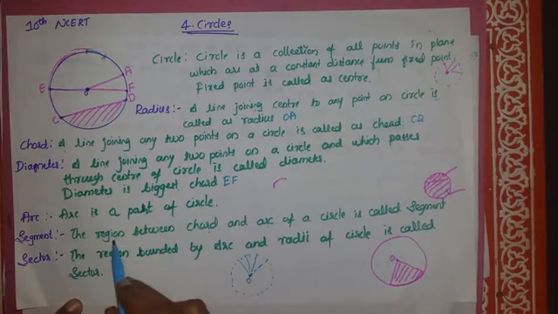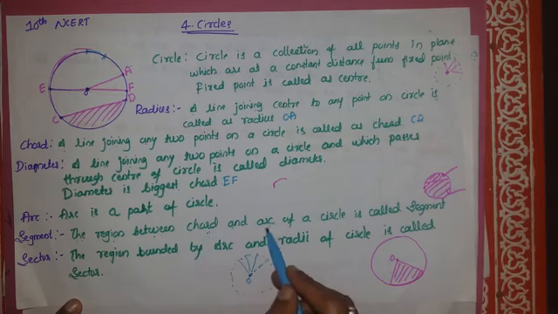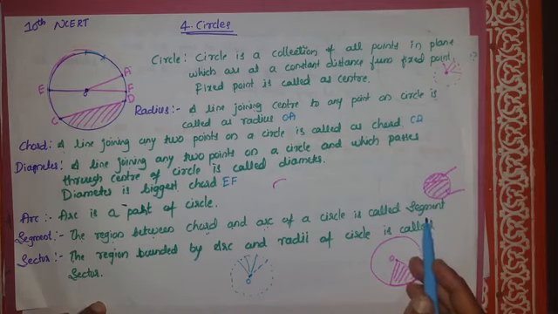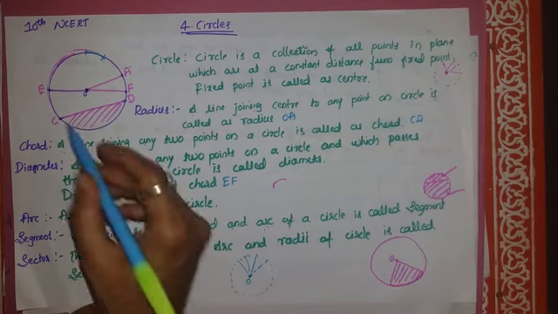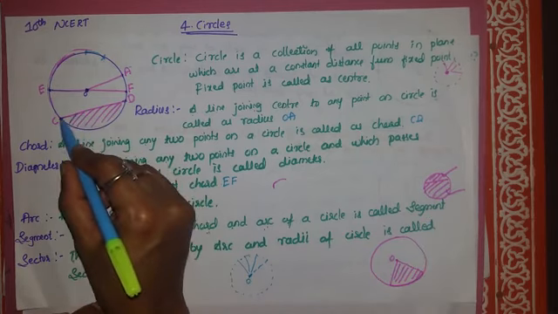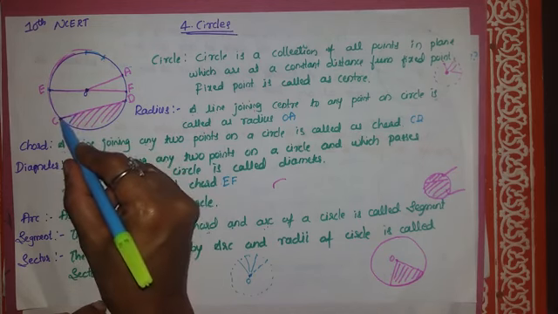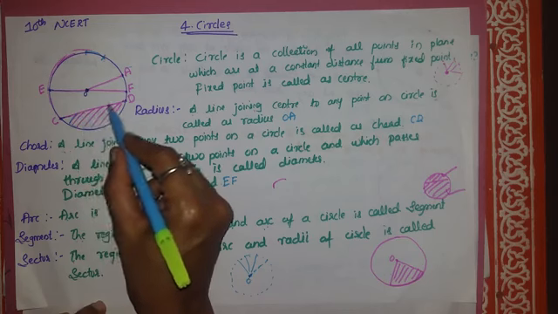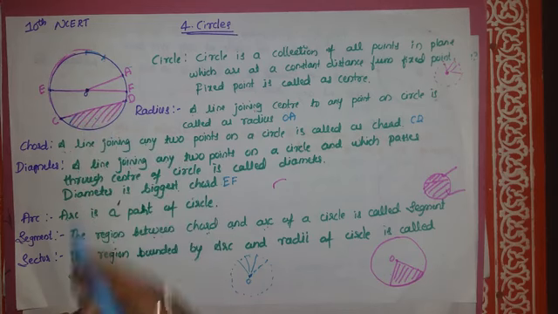Segment. The region between a chord and an arc of a circle is called a segment. Here this is a chord and this is an arc. This region is called a segment.